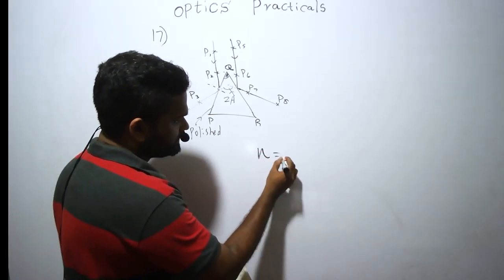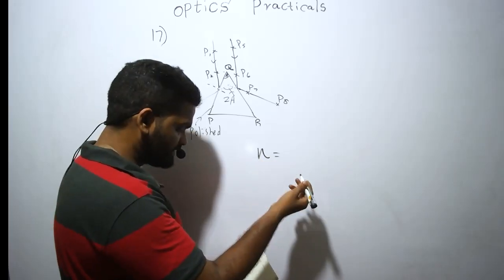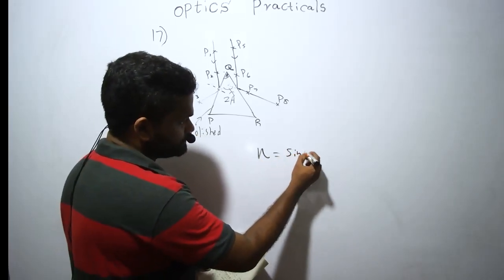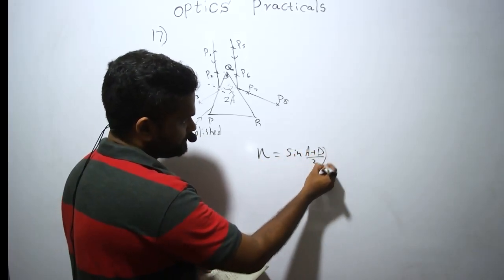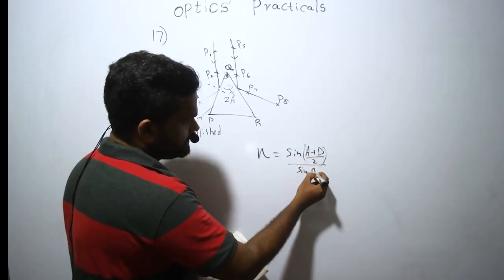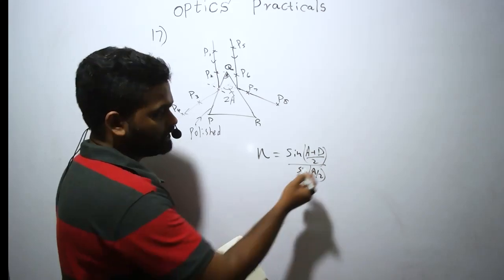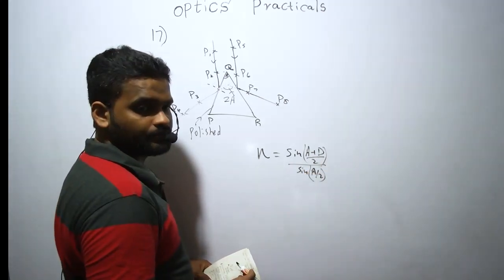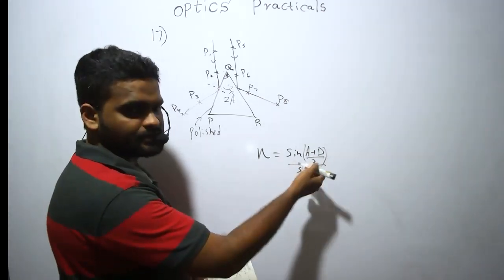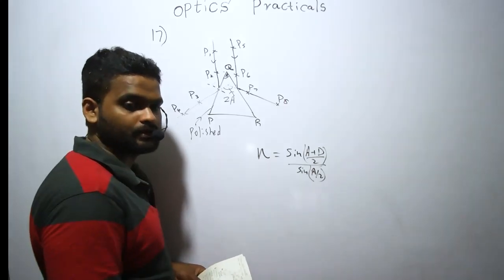So if you need to find the refractive index, you can simply substitute those values here. In this equation, prism angle you know, angle of minimum deviation you know. You can substitute those and find the refractive index.